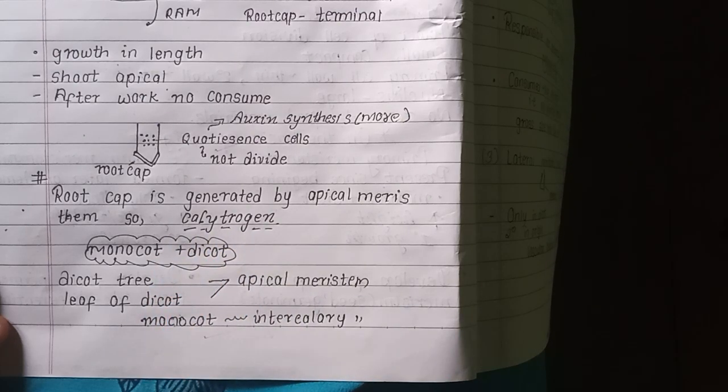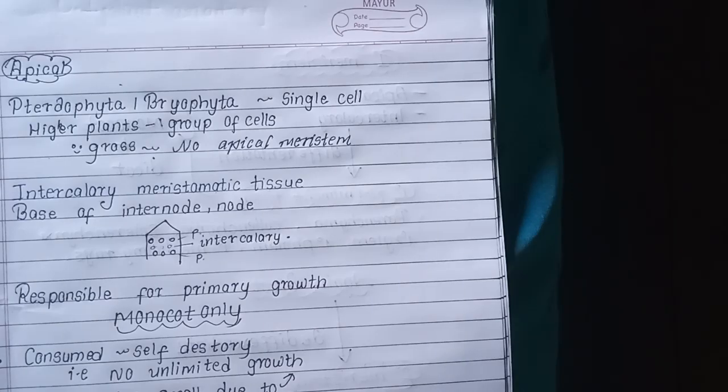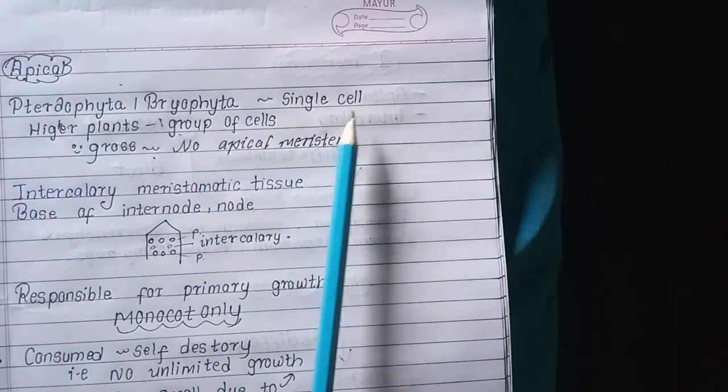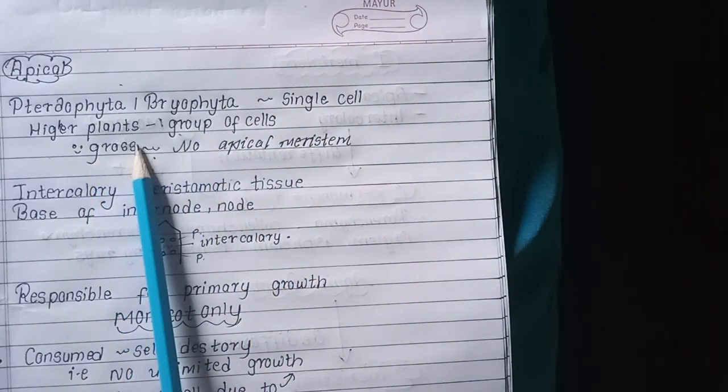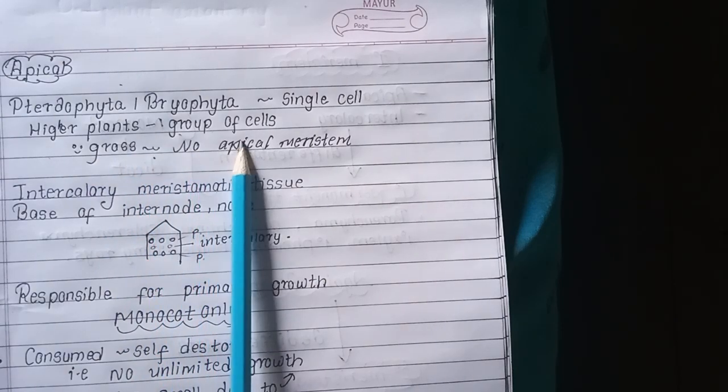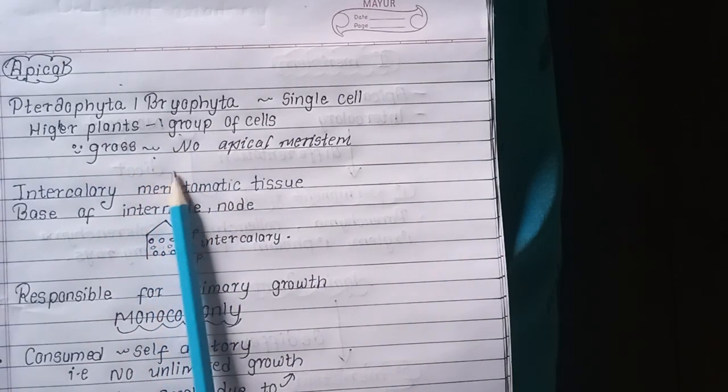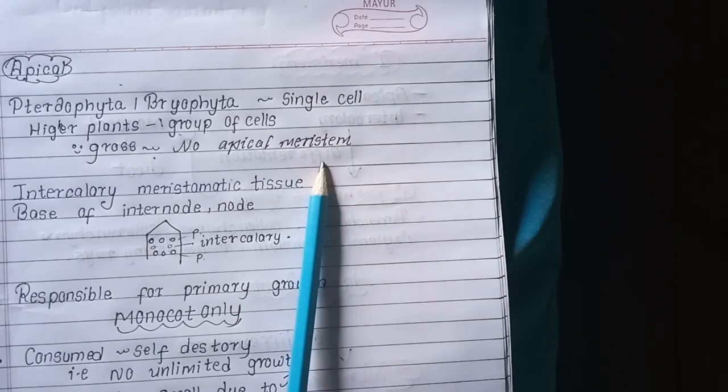Calyptrogen: the root cap is also generated by the apical meristem, so calyptrogen. In Pteridophyta and Bryophyta, there is a single cell of apical meristem, and in higher plants, a group of cells is present. In gymnosperms, no apical meristem.